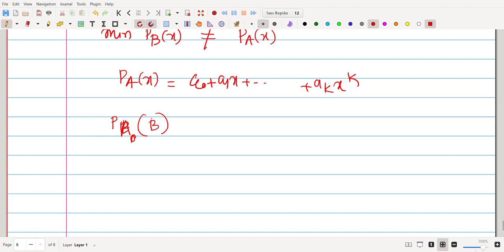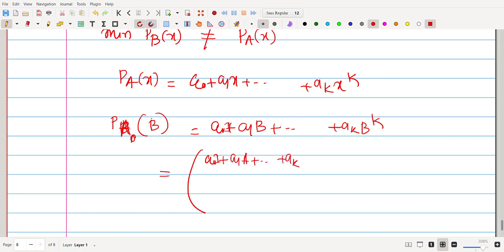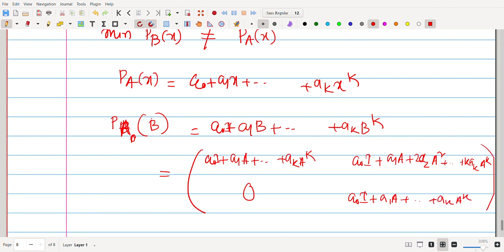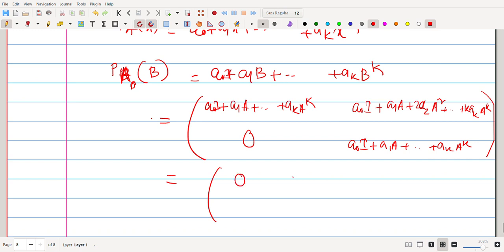Then P_A(B) is basically the same as a0 plus a1 B plus up to ak B power k, which is the block matrix with a0 I plus a1 A plus up to ak A power k on the diagonal, and a0 I plus a1 A plus 2 a2 A squared plus up to k ak A power k minus 1 times A in the corner. The diagonal part is 0, but the corner is non-zero, some C.